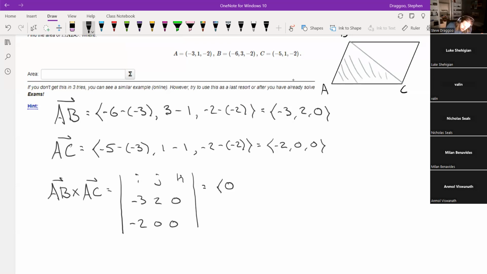So the X component is 0. Both of the bits in my cross get multiplied by 0. The Y component is also 0. Both bits get multiplied by 0. And finally, my Z component, -3 times 0 minus -2 times 2. And all together, I get the vector 0, 0, 4.